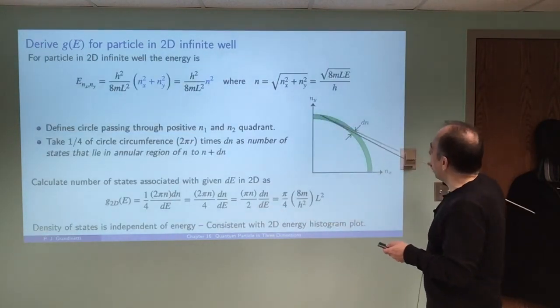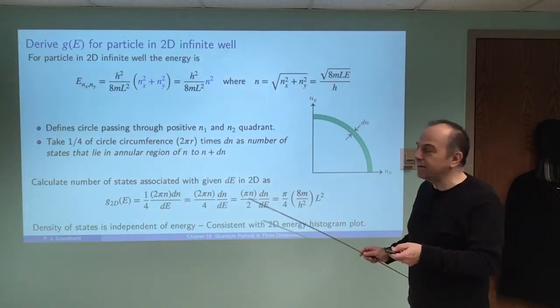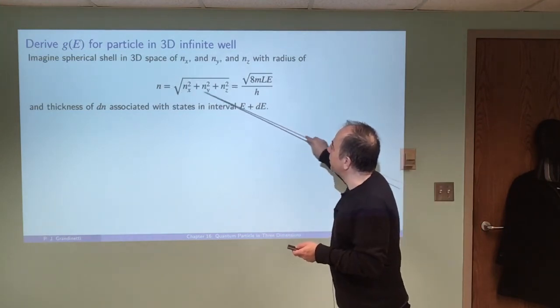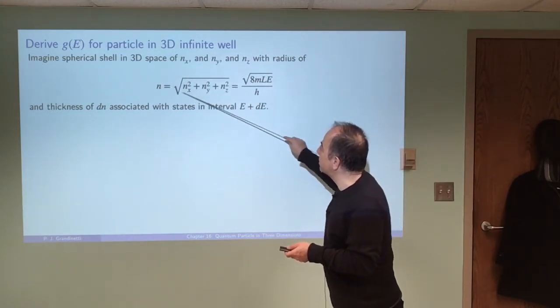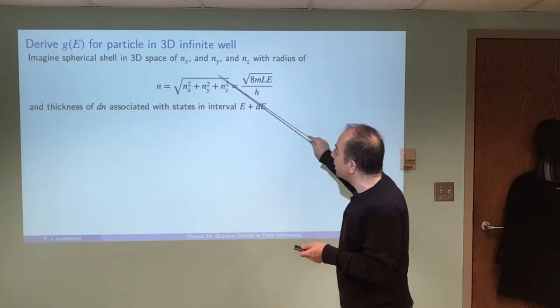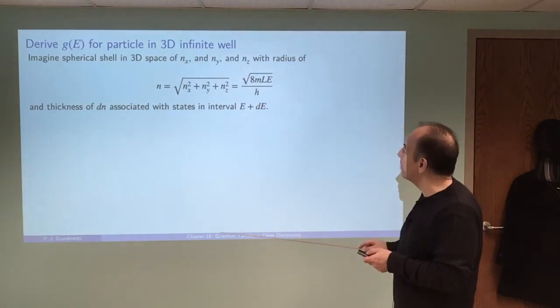Instead of a quarter circle, imagine that we have the surface of a sphere that's described by the square root of nx squared plus ny squared plus nz squared equal to n. Again, very similar arguments there.